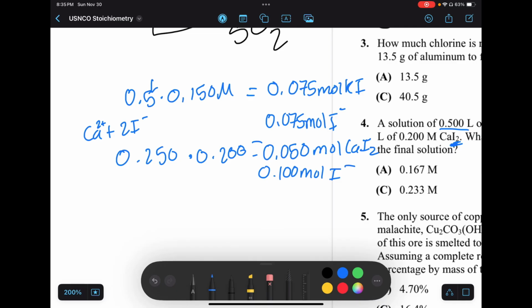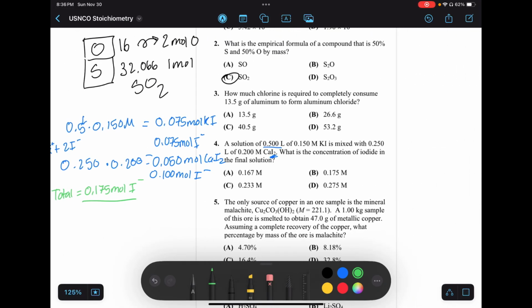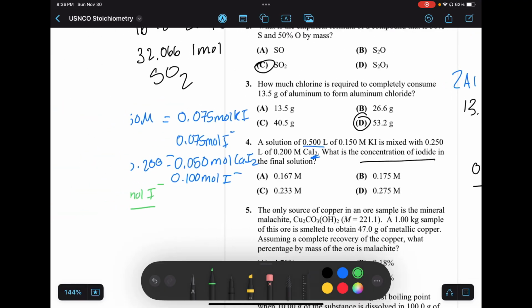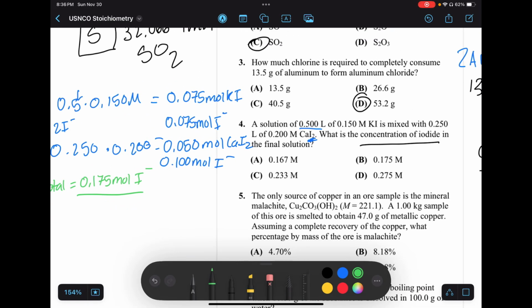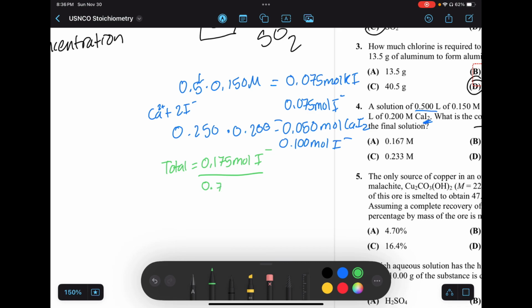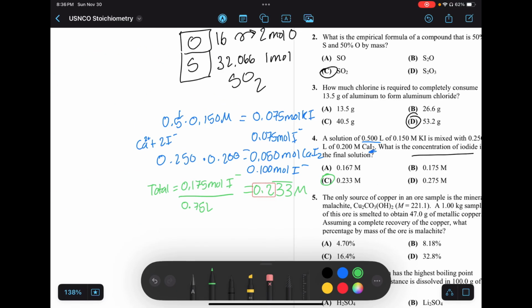In total, we have 0.175 moles of iodide, and then we'll divide it by the sum of the volumes. So 0.5 plus 0.25 is 0.75 liters. Remember your sig figs. This is 0.23 repeating. So this is the answer, C.